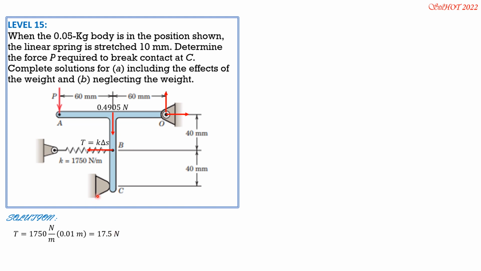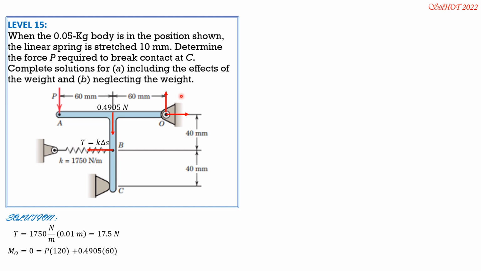So take note that when P causes to break contact at C, there will be no reaction at C because the contact is broken. So therefore, moment O is 0. And considering counterclockwise positive, so 0 equals P times 120 mm plus 0.4905 times 60 mm.